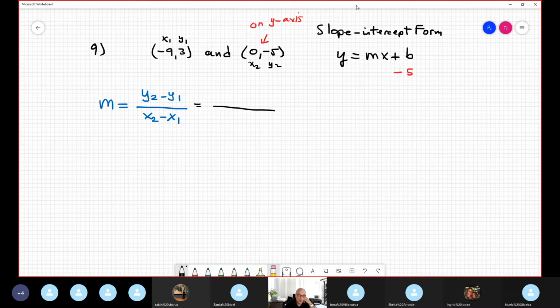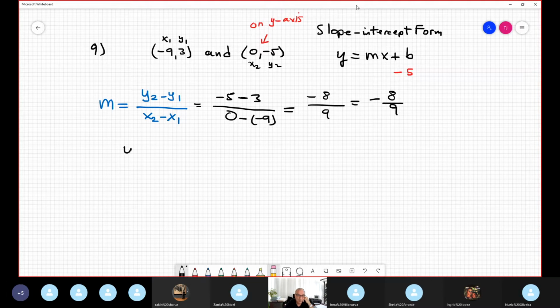So y2 is -5 minus y1, which is 3 positive. But remember, we have a minus here from the formula. And x2 is 0 minus x1, which is -9. Double negative becomes positive. So we have -8 on the top. On the bottom, we have 9. This is my slope, -8/9.